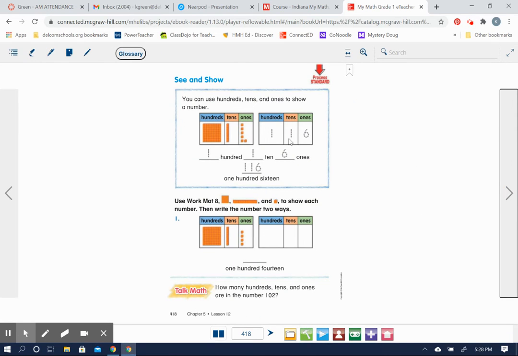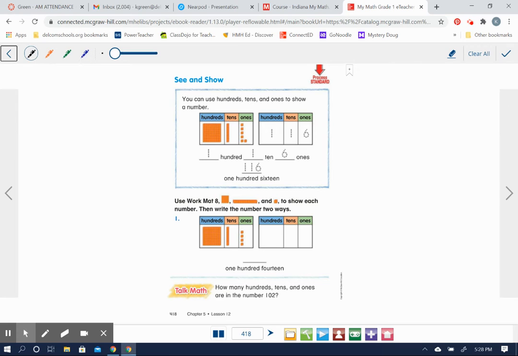But now we can look on the back and we have a table. So you can look here, this would be what I called a flat. So that shows how many hundreds. There's one. Oh, I have to have my pen. And let's use green. So we've got 100. And how many tens? Yes, we have 1 ten. And how many ones do we have? There's 1, 2, 3, 4, 5, 6. 6 ones.